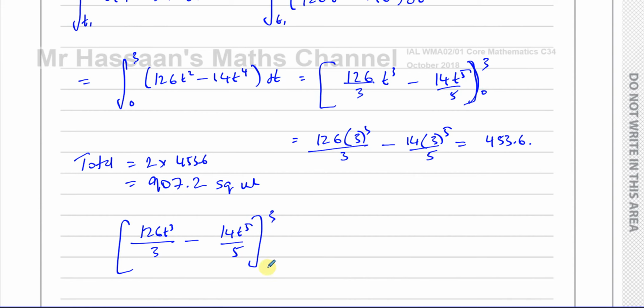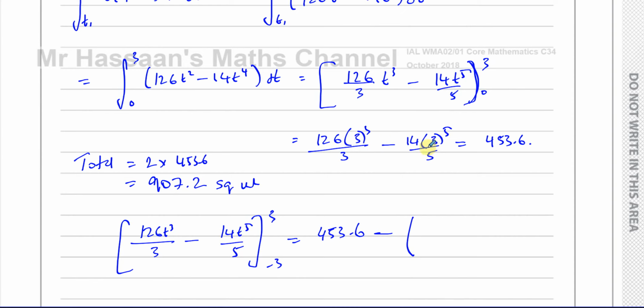If I put 3 and minus 3 as my t limits, I'll get the same thing as this, which is 453.6 minus, and you see what happens is, this is going to be the same value as this, but negative, because that will be a minus 3 here and a minus 3 there, so that will give me a negative, and I'll be subtracting it. So you'll end up with the same thing, because here we're finding the difference between these two.